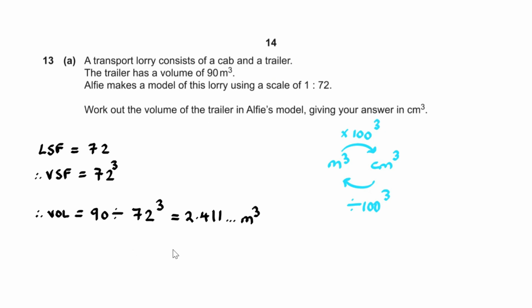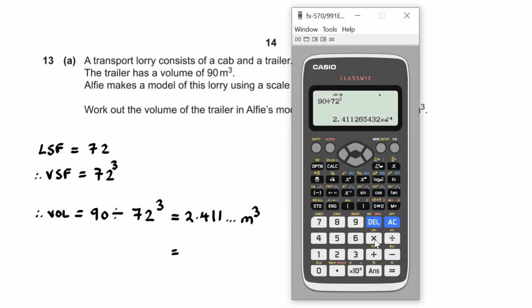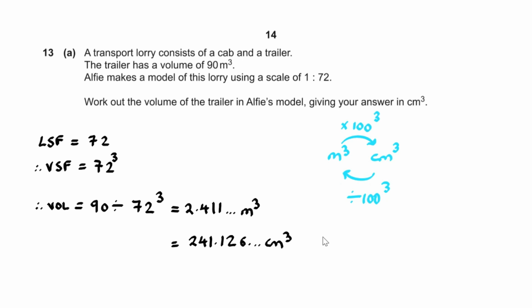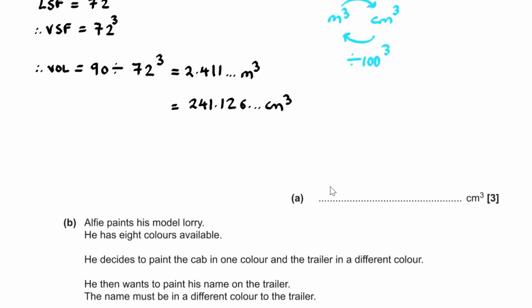So if I multiply this by 100 cubed, it turns out we get 241.126, etc. centimeters cubed. So we would have 241.1 centimeters cubed given to one decimal place.